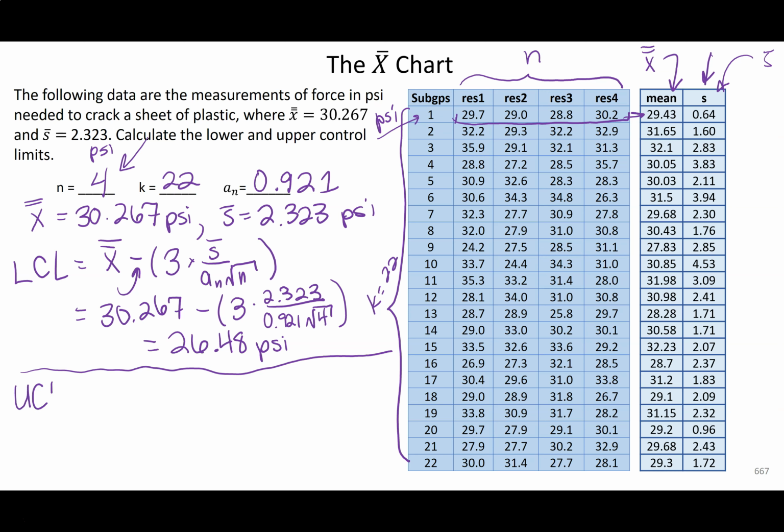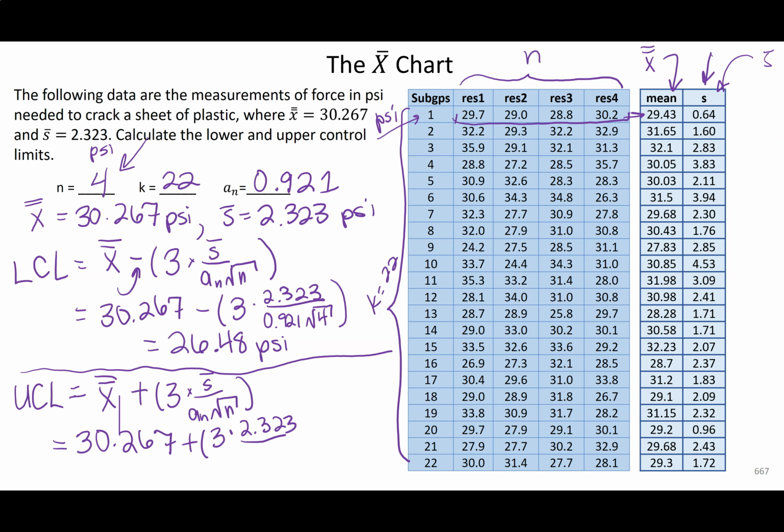So upper control limit, it's going to be X bar bar, but plus the 3 times S bar over A sub N times root N. So here I'm going to get 30.267 plus 3 times 2.323 over 0.921 times the square root of 4. Very conveniently is equal to 2.